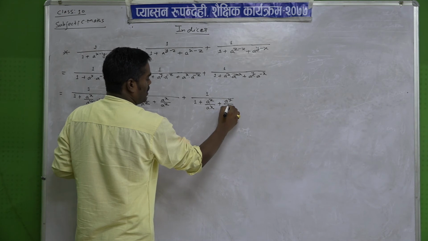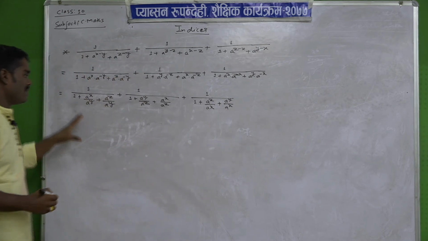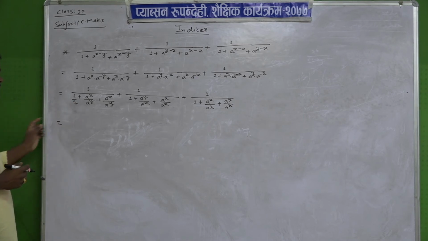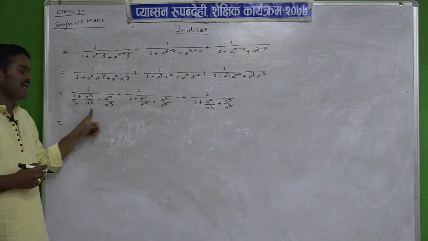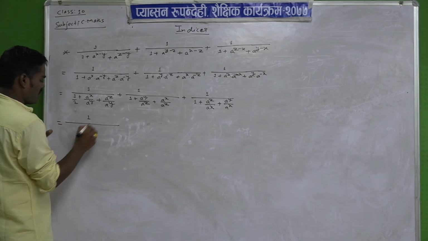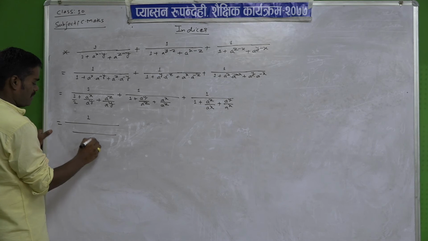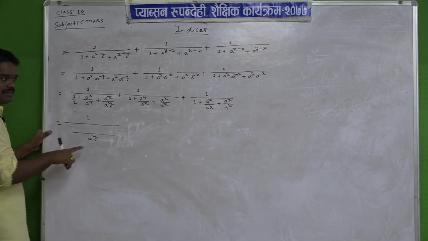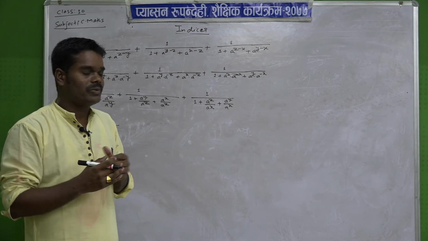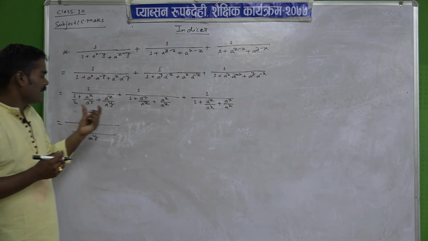Now again we have to take the LCM. Here is what? 1. So what is the LCM of 1, a power y, a power y? The LCM will be a power y. You know how to take the LCM, and after the LCM we have to divide the LCM by the denominator.